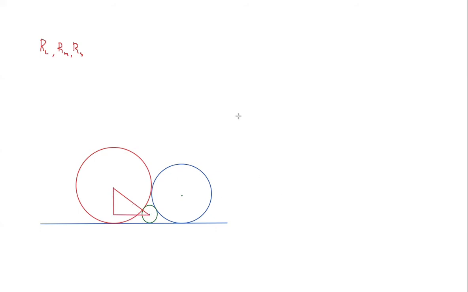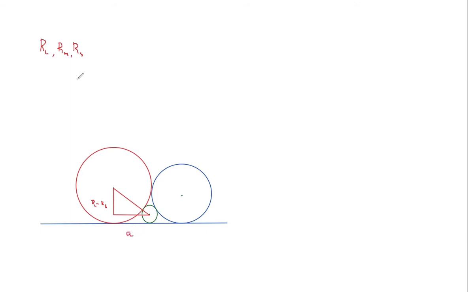So this is one right angle triangle, and I will label this side as RL minus RS. The hypotenuse, just for the sake of saving space, I won't label, but you can see that that's RL plus RS. And this arbitrary side here, I'm going to call that A.